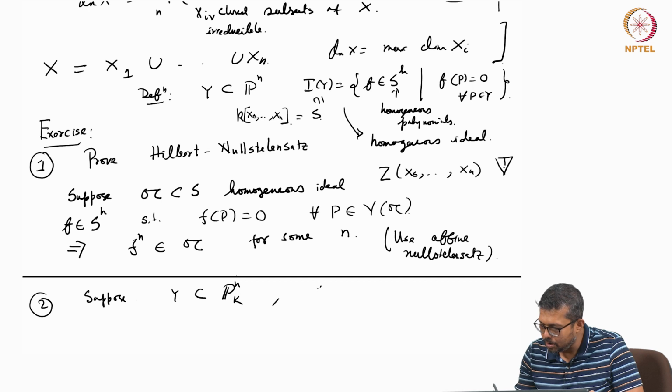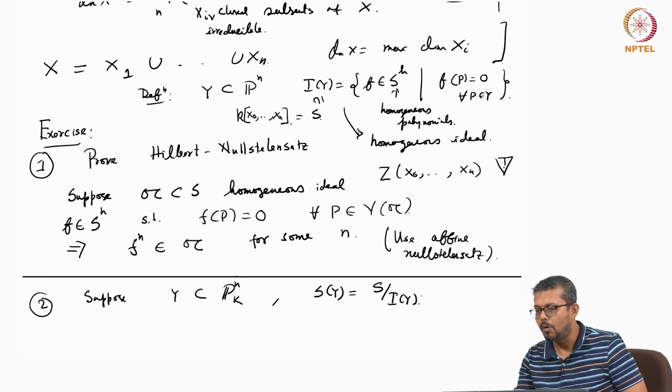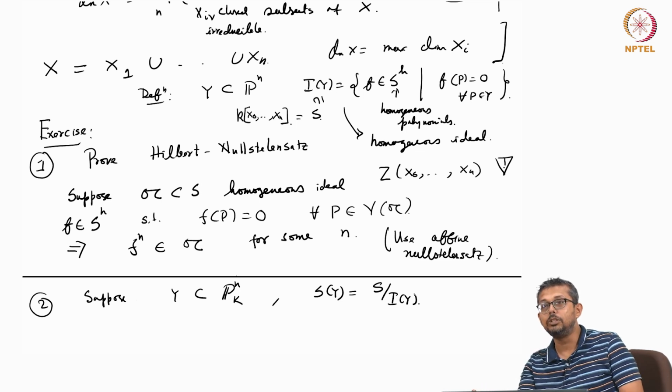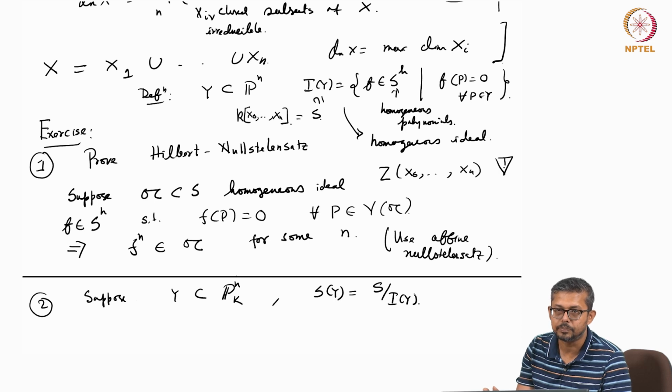Then you talk about the coordinate ring, the projective coordinate ring. This is nothing but S modulo I_Y. But I_Y is generated by homogeneous elements which vanish on Y, so this is a homogeneous ideal.